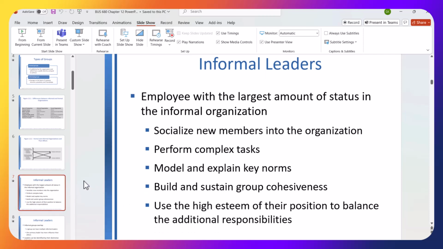Informal leaders. The informal leader is the employee with the largest amount of status in the informal organization. They socialize new members into the organization, perform complex tasks, model and explain key norms, build and sustain cohesiveness, and use the high esteem of their position to balance additional responsibility.